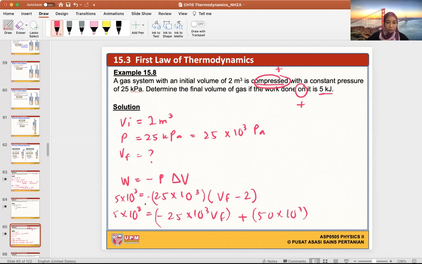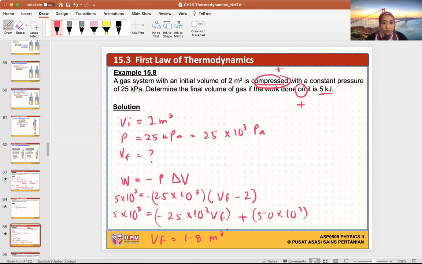Okay, I got minus 1.8. What happened just now? Sorry, it should be positive 1.8. Oh, I missed the minus sign. 1.8 meter cube. Okay, so just now I got 22.5, I think.